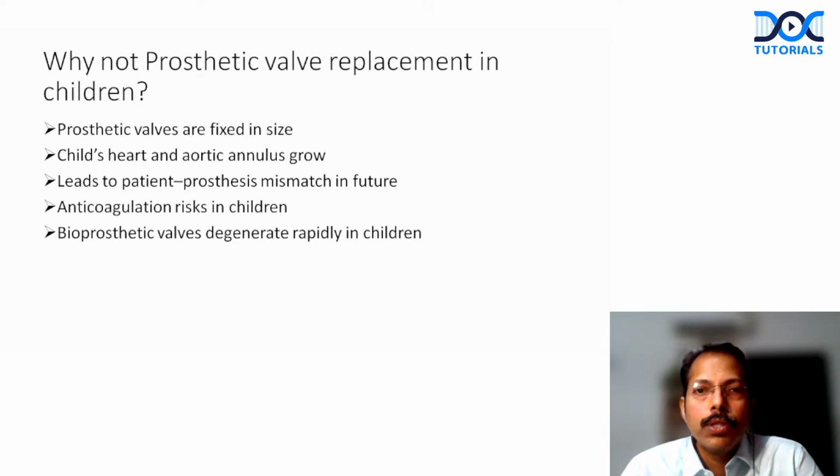When the child grows, the valve you are placing appears to be small, and there will be a prosthesis-patient mismatch. And anticoagulant risk will be there in children, and bioprosthetic valve degenerates rapidly in children. Okay, so again, this is another contraindication in pediatric age. So the best option will be the redo aortic repair. That is the Ross procedure.